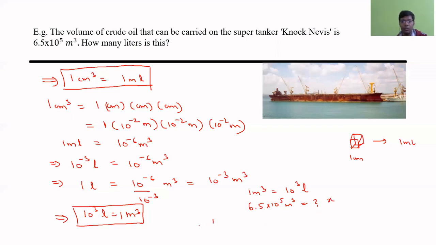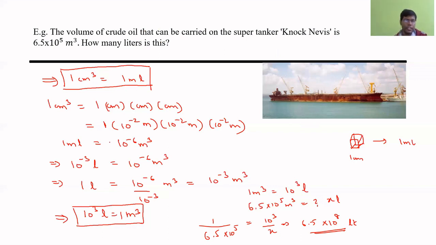So this will be 1 by 6.5 into 10 power 5 is equal to 10 power 3 by x. From here we will get 6.5 multiplied with 10 power 8 liters, because my x is liters. So the capacity or the volume of crude oil which this particular super tanker can hold will be 6.5 multiplied with 10 power 8 liters.